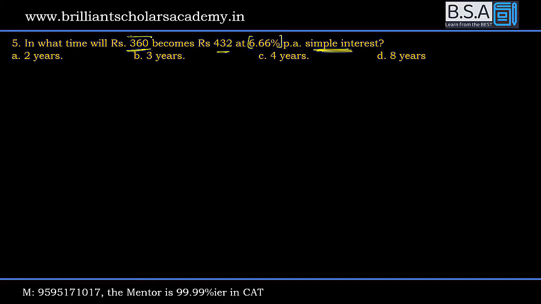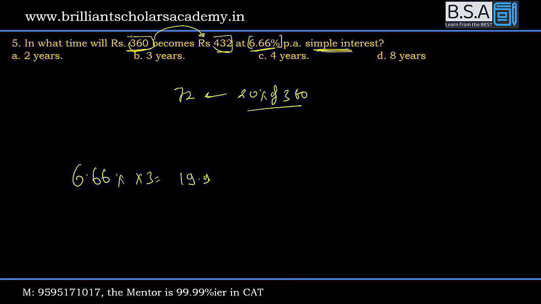From here to here, what is the growth in money? The growth is 72 rupees. Do you realize 72 rupees is basically 20 percentage of 360? 10 percentage is 36. So double of 10% is 20%. So what should I multiply with this to generate 20%? I already have 6.66. If I make it triple, I have 19.98, which is basically 20%.